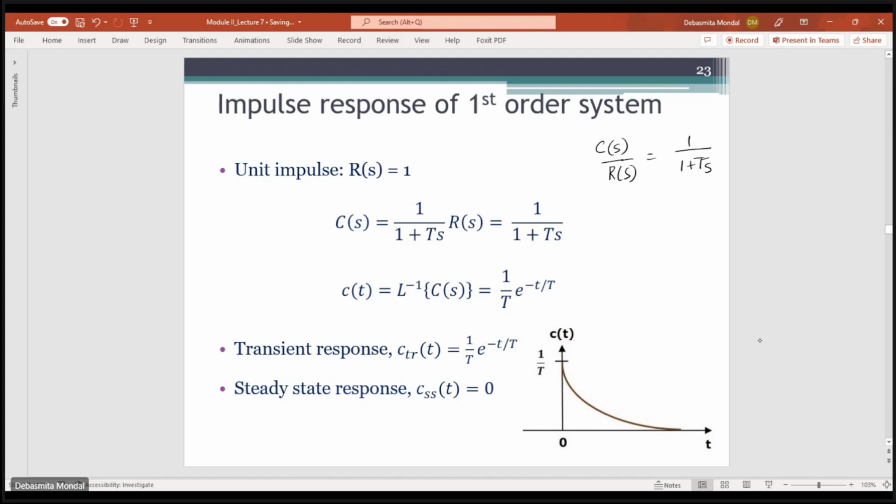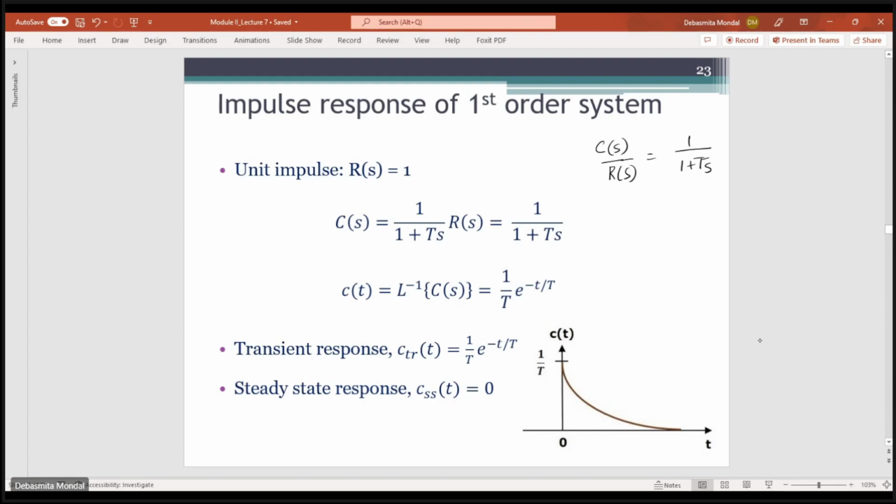This is the transfer function of the overall system. So C(s) will be 1 by (1 plus Ts) multiplied by R(s), and R(s) here is equal to 1. If you take the Laplace inverse of this term, the value of c(t) will be equal to (1 by T) e to the power minus t by T.